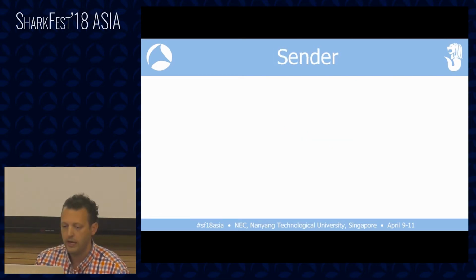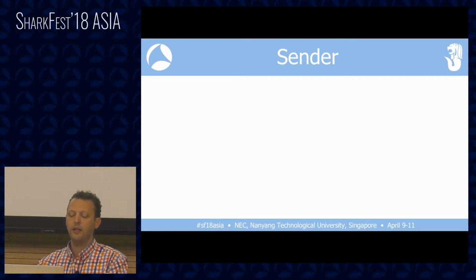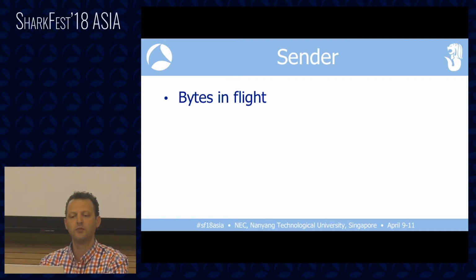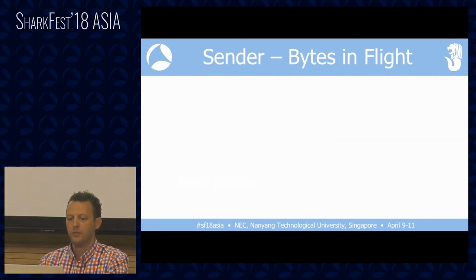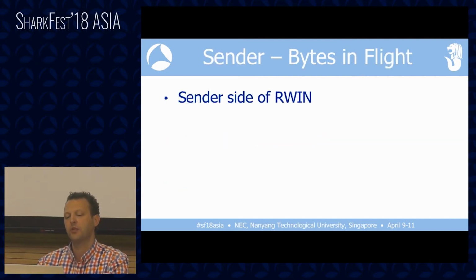So, now then, the sender. We're talking about a couple of topics here. Bytes in flight is really more of just a concept that ties into the other issues of congestion window and send buffer. So bytes in flight, this is sort of the flip side of the coin of the receive window.